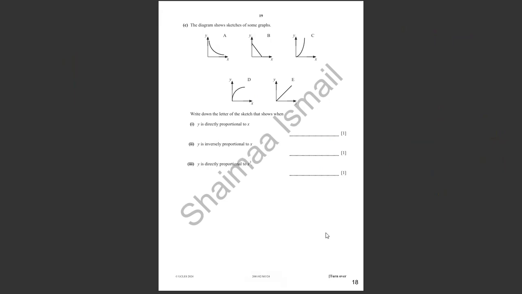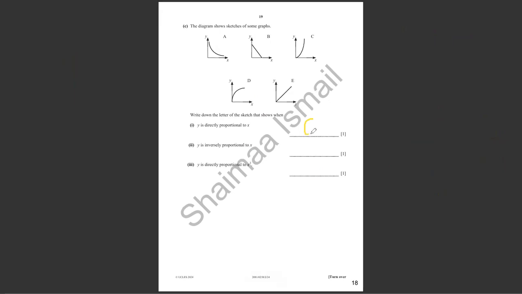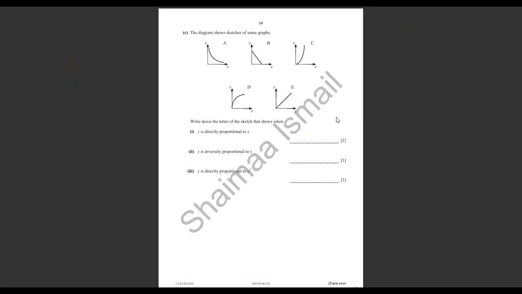Y is directly proportion to X. Directly proportion, as X increase, Y increase. So here it will be E. And Y is inversely proportional, as Y decrease, X increase. Okay.